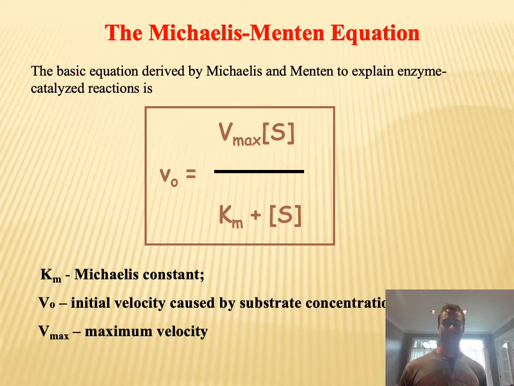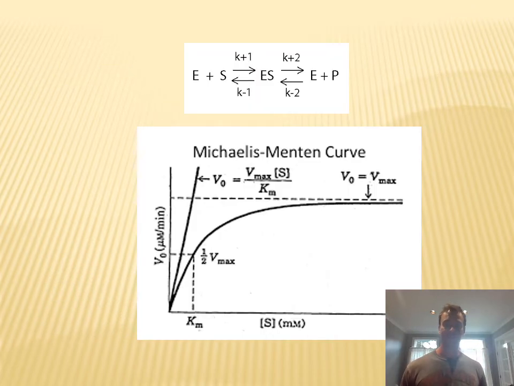And again, the Michaelis constant is the substrate concentration at half maximal velocity. So this curve shows that. Again, this is just this simple enzyme plus substrate reaction. So if we think about titrating in substrate, the Km is when you have the substrate concentration at half Vmax. The Vmax is just the maximum initial velocity. And then V0 is just this initial velocity curve.